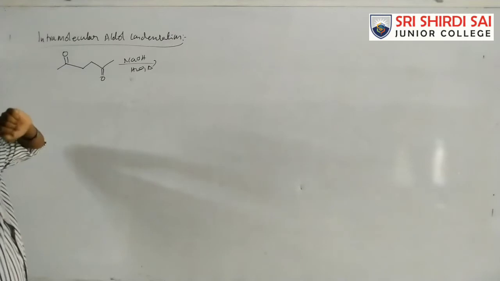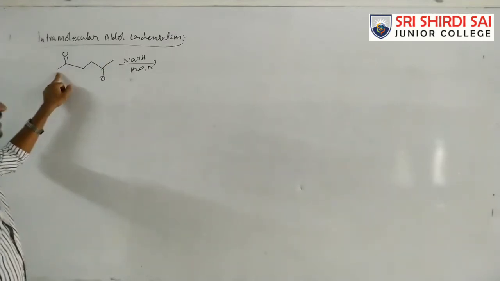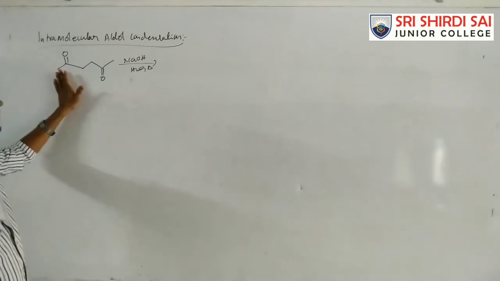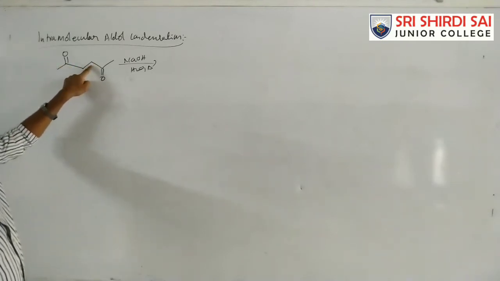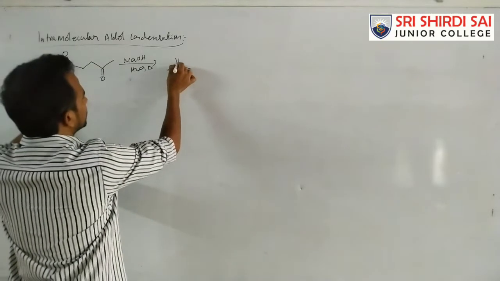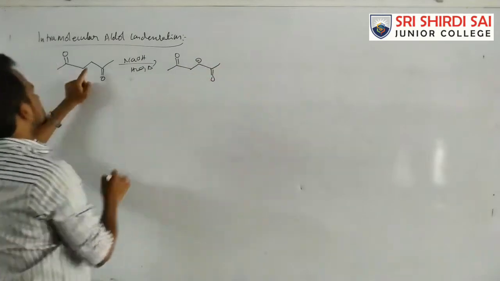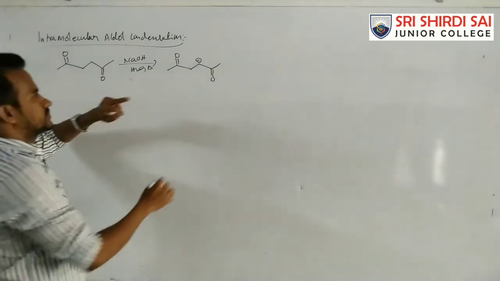But this one contains 2 hydrogens, so it is different. So a carbanion is generated at either this alpha carbon or this alpha carbon.